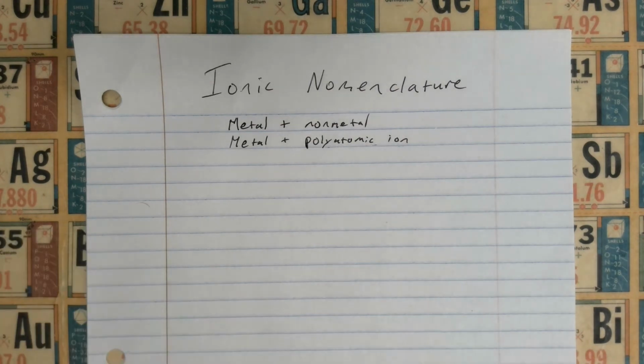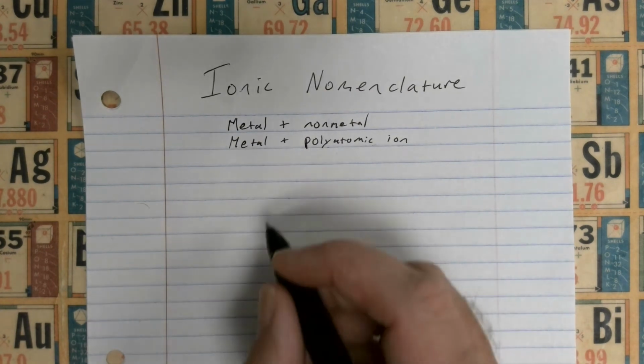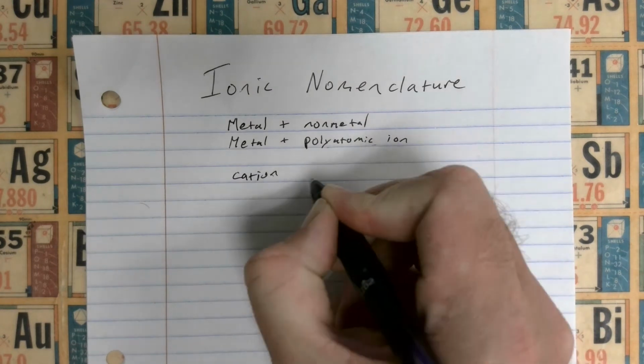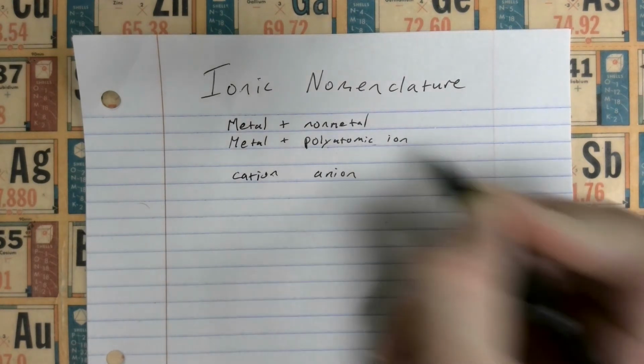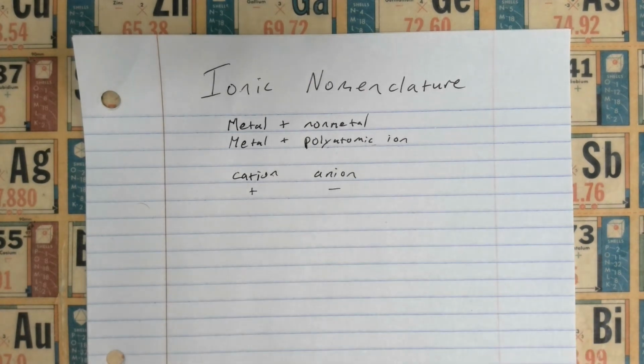Now, instead of a metal and a nonmetal, or metal and polyatomic ion, we can say it has a cation and an anion. Cations are positive, anions are negative. That's all it means, a positive ion and a negative ion.